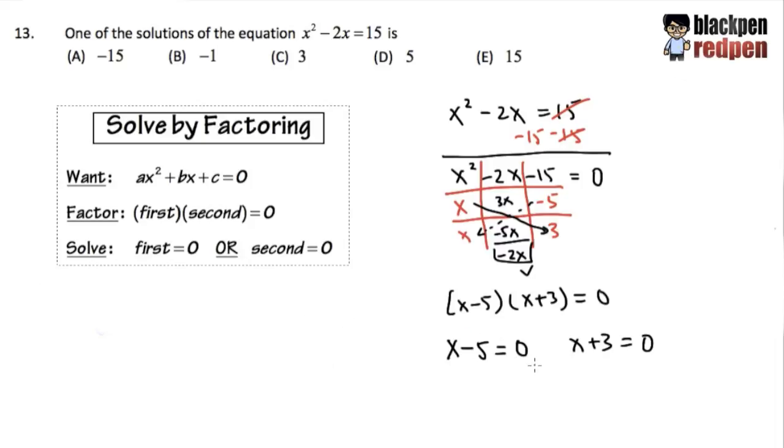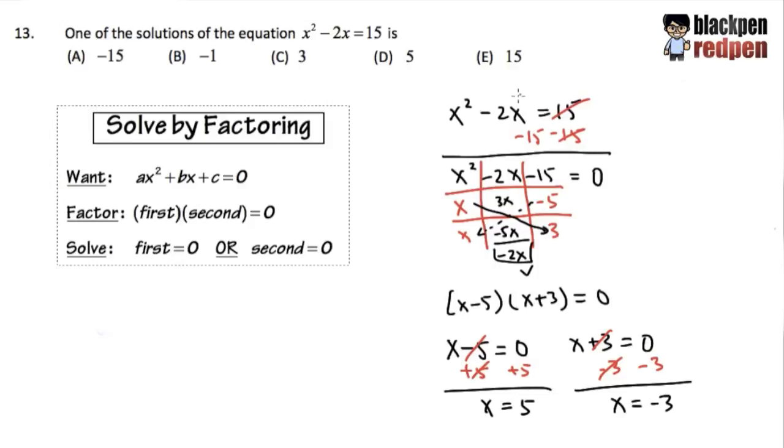Let's look at the first equation. x minus 5 is equal to 0. To solve that, we can just add 5 on both sides. So we cancel the minus 5 and positive 5, and one of the answers that we have is x equals 0 plus 5. That's 5. On the other hand, x plus 3 is equal to 0. We subtract 3 on both sides. This cancels, and we will have x equals negative 3.